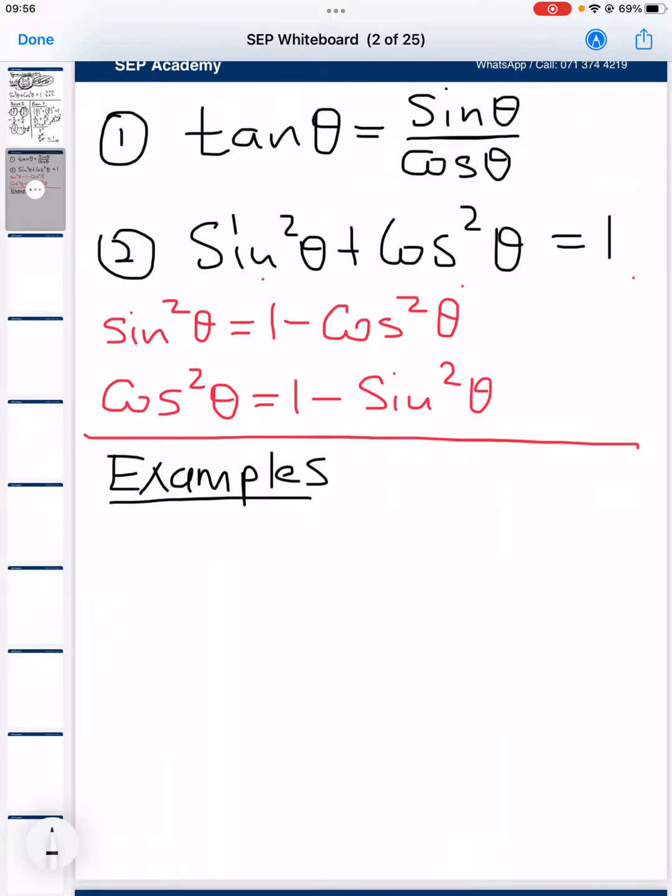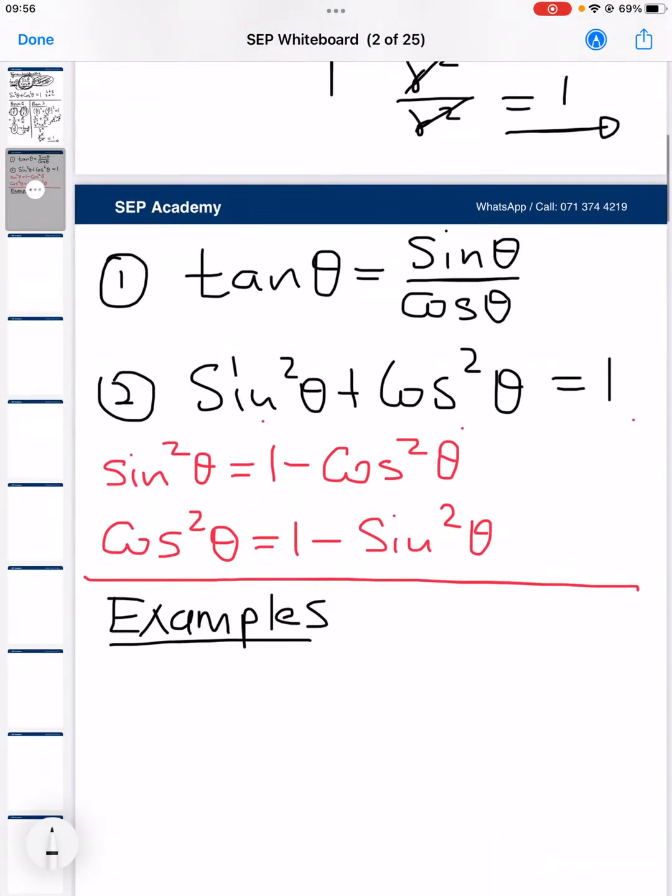Examples. Maybe this one as example number 1, where we need to factorize. So factorizing the following is what they want you to do.